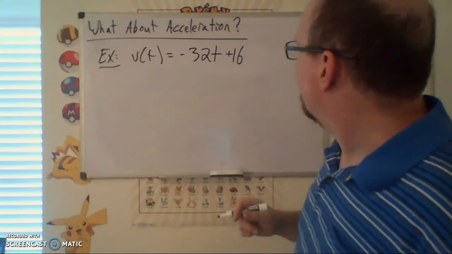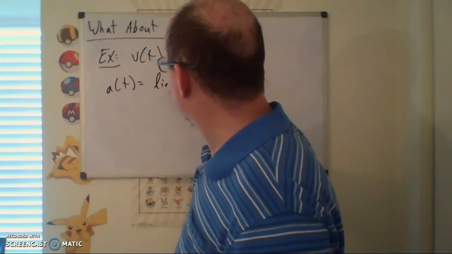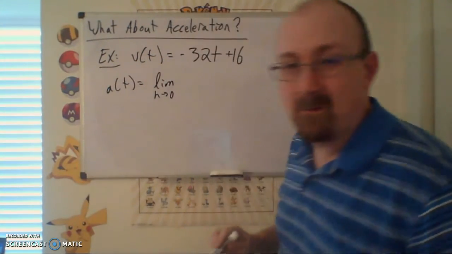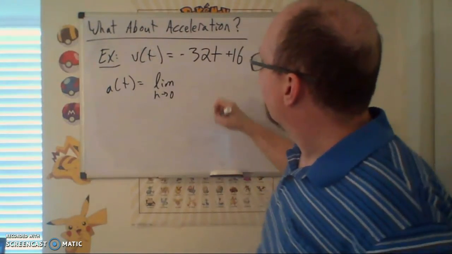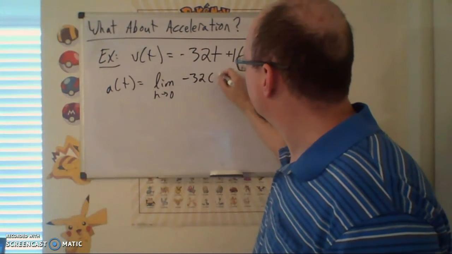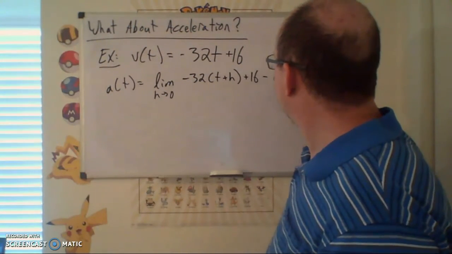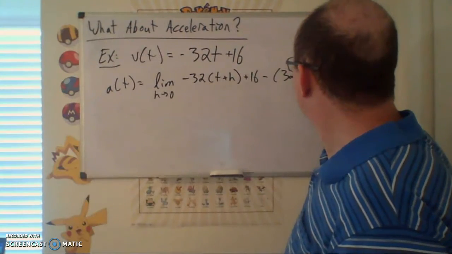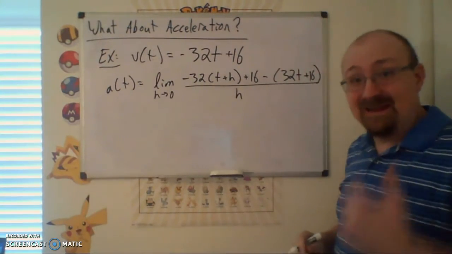So if we wanted to find a of t, well, we need to calculate that derivative. Again, I'm going to fall back on that limit definition for how to calculate the derivative. So we feed t plus h into this guy. So negative 32 times t plus h plus 16 minus my v of t formula.